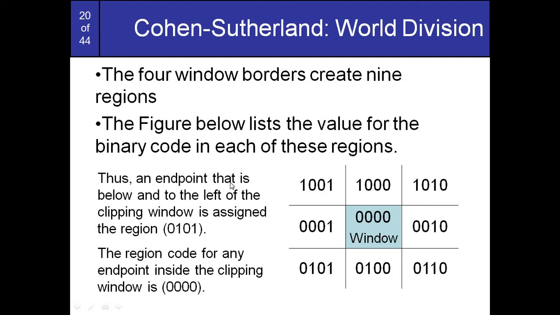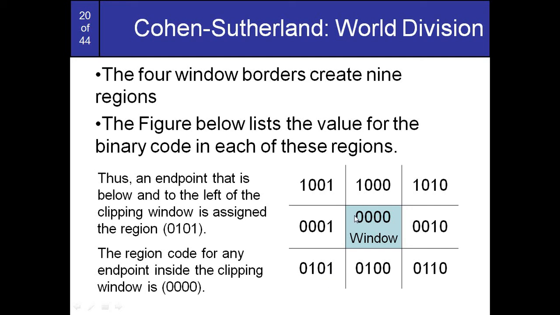The endpoint that is below and to the left of the clipping window is assigned the region code 0101. Since it is below, and the middle is here and the top is above, the bottom value is assigned 1, and since it is to the left, the left value is also assigned 1. The top value is 0, and the right value is also 0.